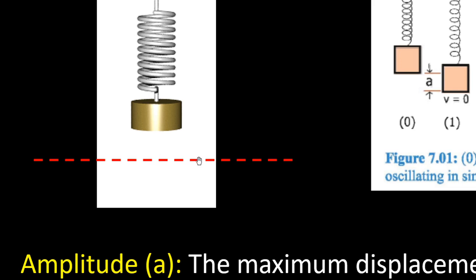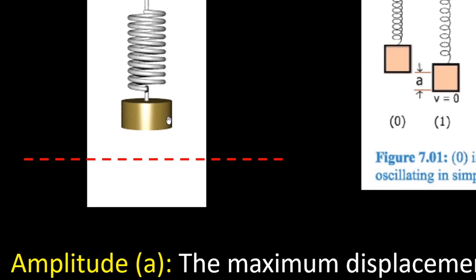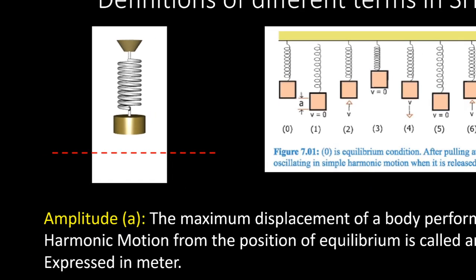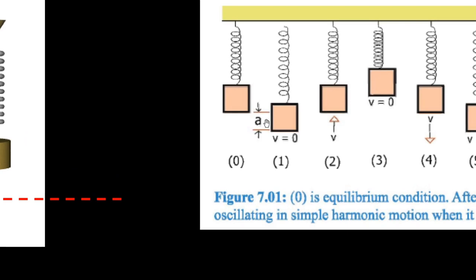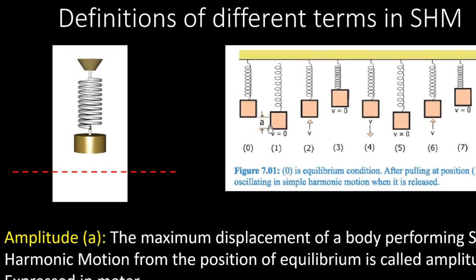The amplitude can be positive or negative, because it has amplitude in both directions, upward or downward, or rightward or leftward. So the amplitude has a positive value in one direction and a negative value in the opposite direction. Here in the figure, this A denotes the amplitude of the object.